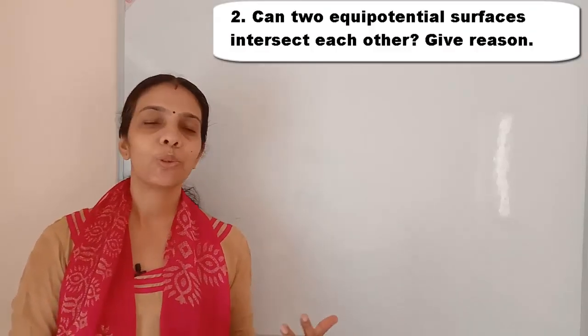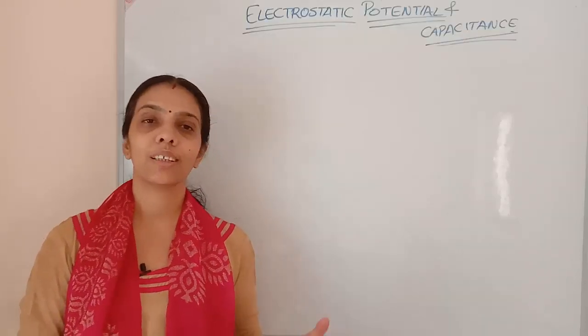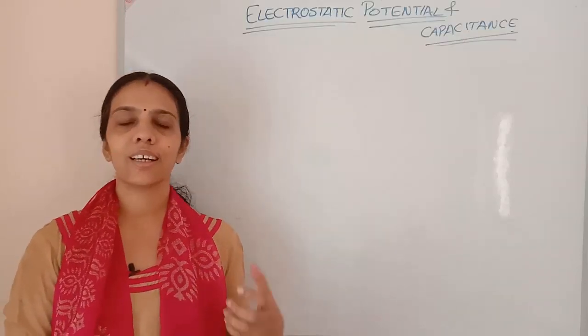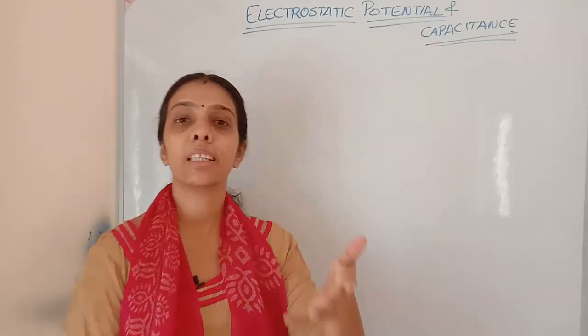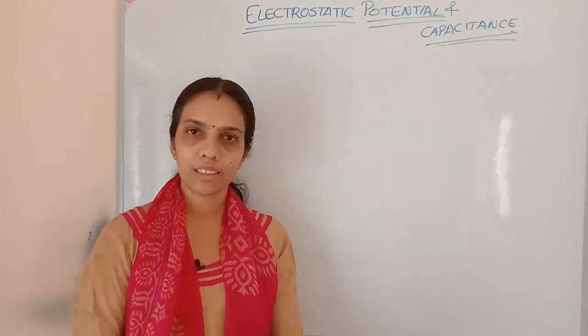One was: why do equipotential surfaces never intersect each other? Usually we know electric flux lines and magnetic flux lines won't intersect each other.